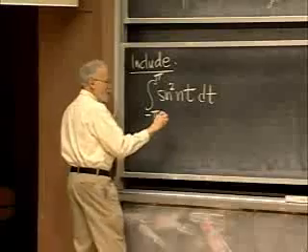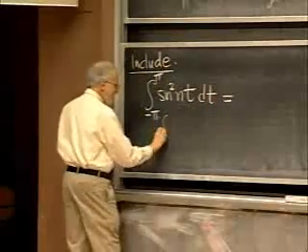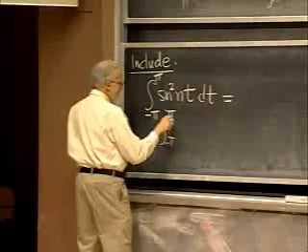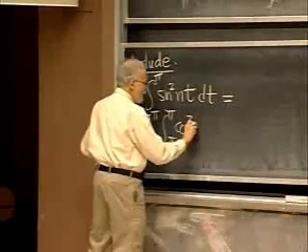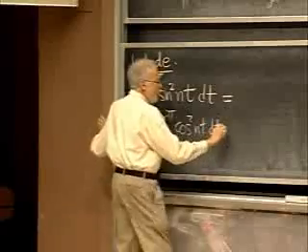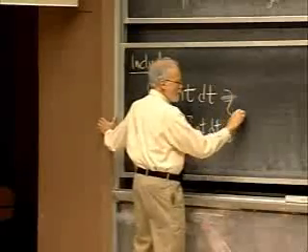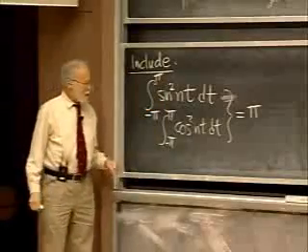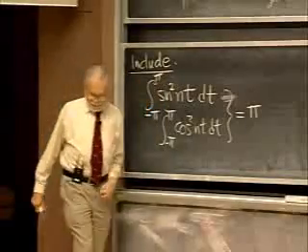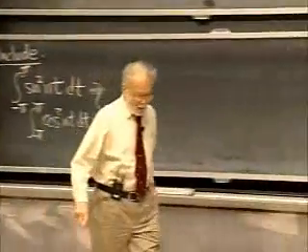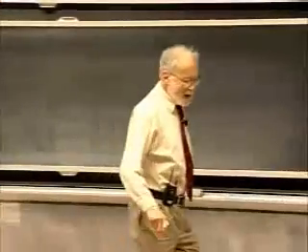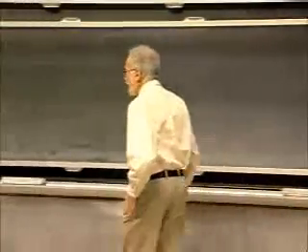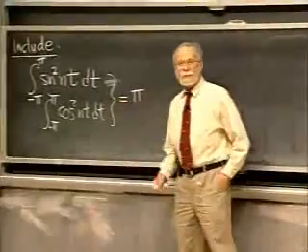Well, the answer is it's the same as what you will get if you integrate cosine squared nt dt, and the answer to either one of these is pi. That's something you know how to do from 18.01, or the equivalent thereof. You can integrate sine squared. It's one of the things you had to learn for the exam you took on methods of integration. Anyway, I'm not going to calculate this out. The answer turns out to be pi.